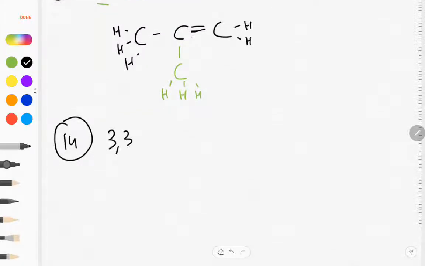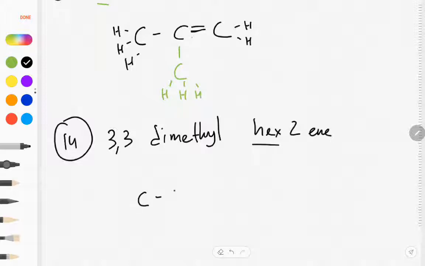14 is 3,3-dimethyl. Here's that dimethyl thing again. Hex-2-ene. All right, let's start with the parent. The parent has 6 carbons. It's hex: 1, 2, 3, 4, 5, 6. And there's a double bond on the second carbon. I'm going to go ahead and number it from left to right.